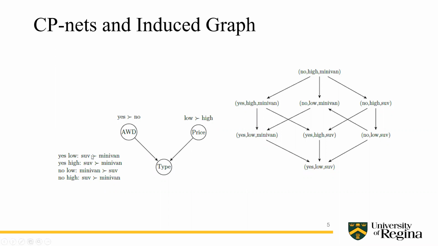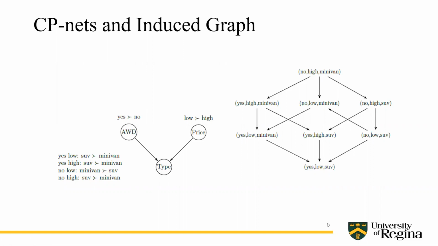So this is the preference order, SUV is preferred over minivan. There can be more items as well; here we are talking about two, SUV and minivan for type, but there can be multiple types.